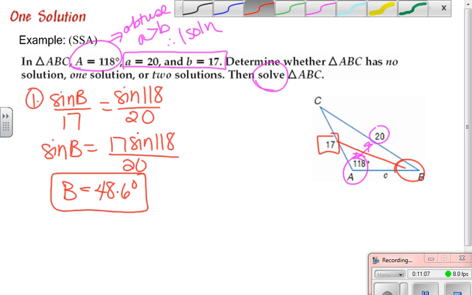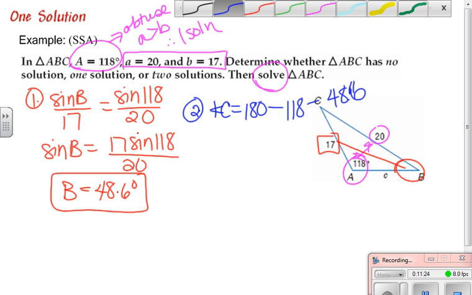And you can then go through and find step 2, angle C is equal to 180 minus 118 minus the angle I just found, 48.6, and so angle C is 13.4. Step 3, I'm going to go back to A, that was my given.